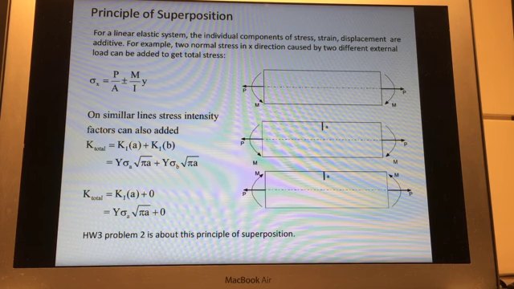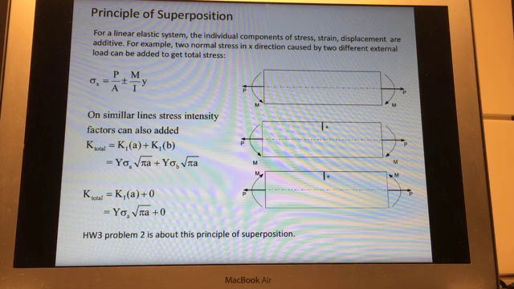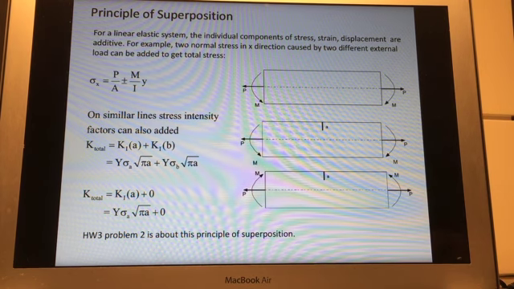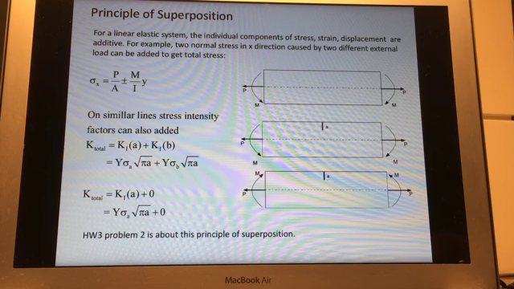Okay, so I have put a homework problem for this principle of superposition, because it can be really useful when you do real analysis of problems. This homework problem is about one of my early papers. Actually, it's my first paper in grad school, paper number 2 on the publication list.